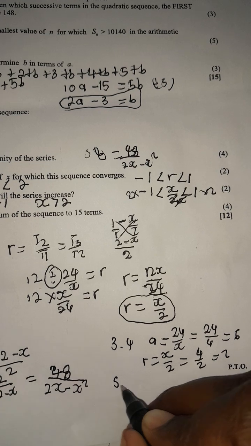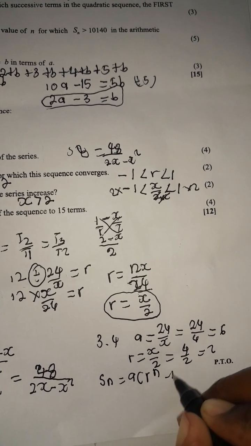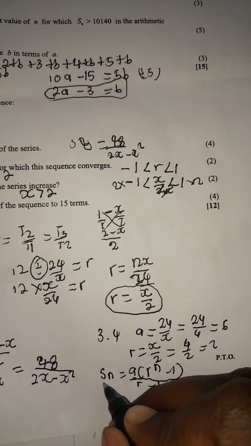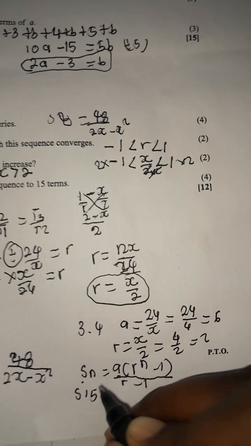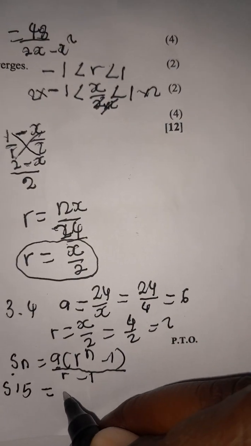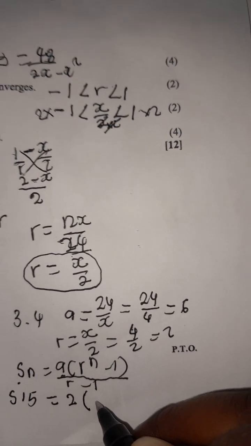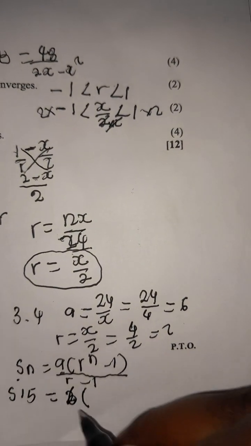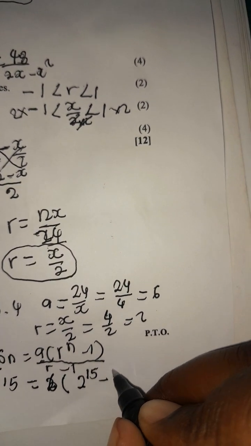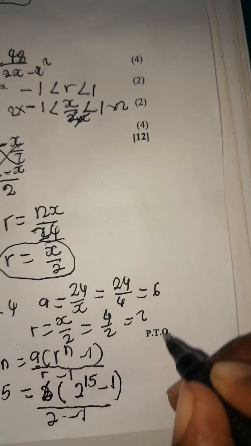So to calculate the sum of 15 terms, Sn equals a times r to the power of n minus 1, all over r minus 1, since r is greater than 1. Our a is 6, our r is 2. So it's 6 times 2 to the power of 15 minus 1, divided by 2 minus 1.